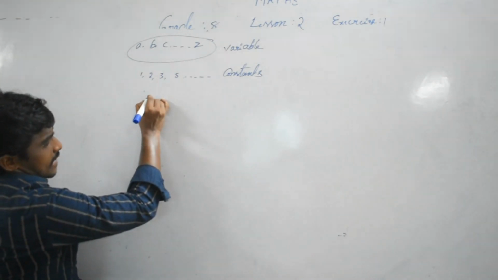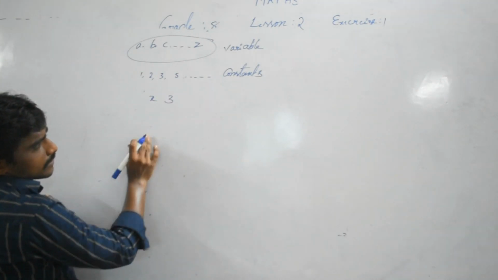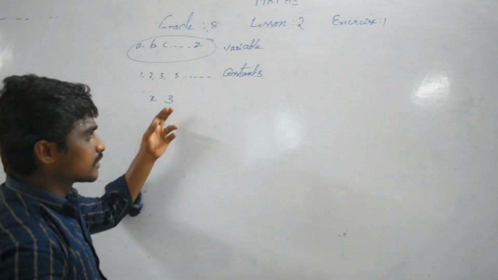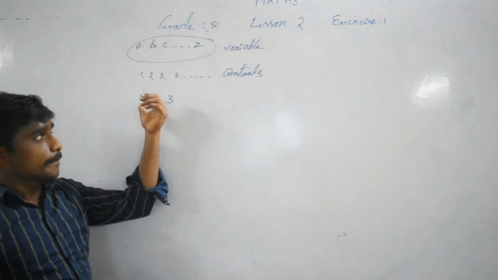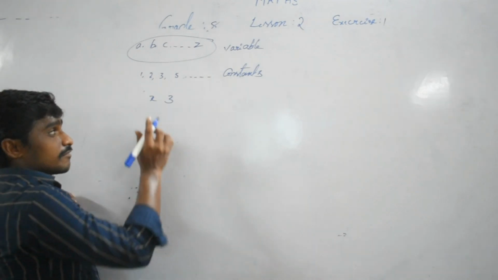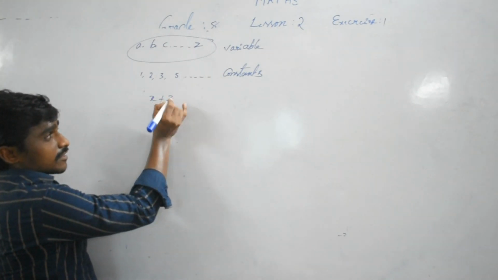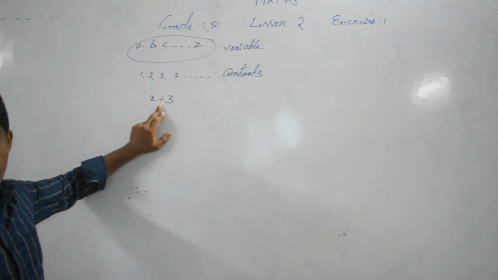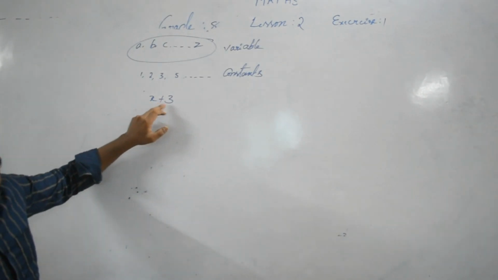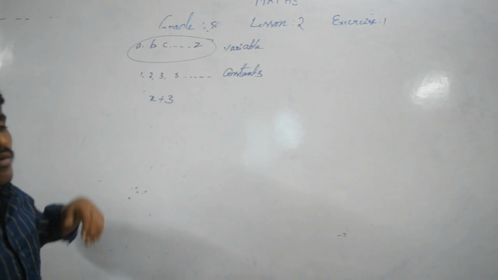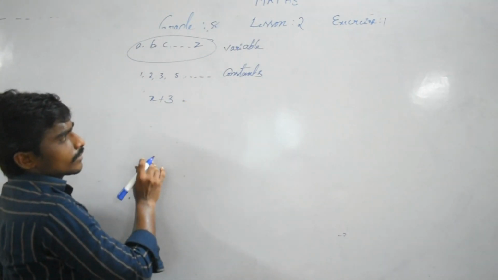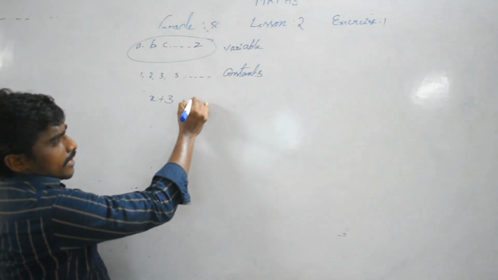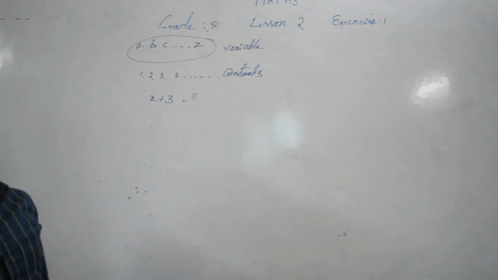So here, x and 3: x is one variable, 3 is one constant. But x and the constant are connected with a mathematical operation, here addition. So x plus 3 is one equation.